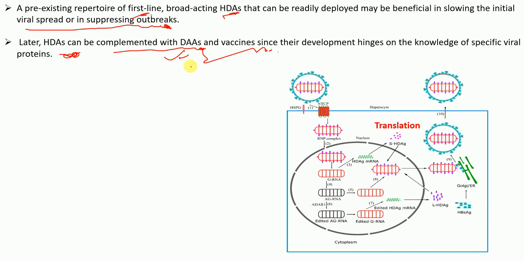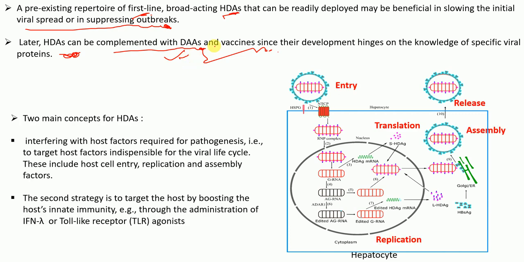Okay, so guys, the two main concepts of host-directed antiviral agents are that they interfere with the host factors that are required for the pathogenesis. That means they target the host factors which are required for the virus life cycle.